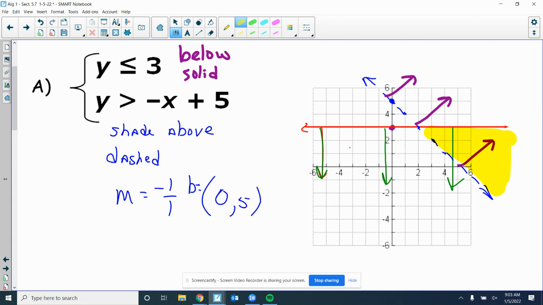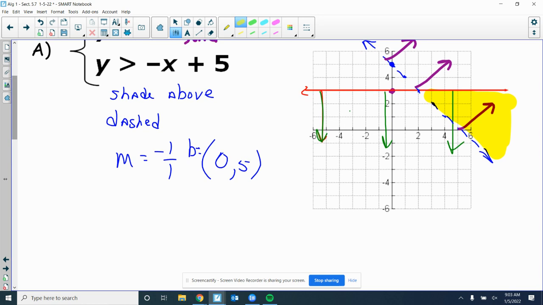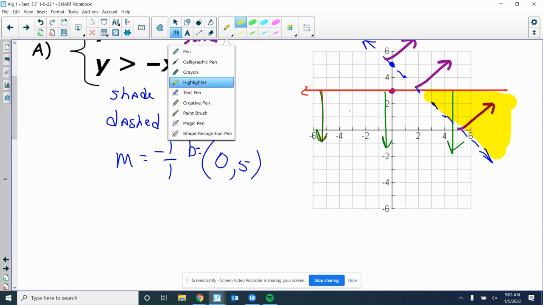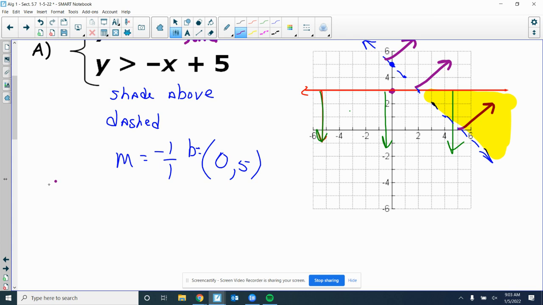Directions: give me 2 ordered pairs that are solutions, and give me 2 ordered pairs that are not solutions. Okay. So here's what we're going to do. Let's go solutions first. Everybody write that. We're going to go 2 ordered pairs that make this true.